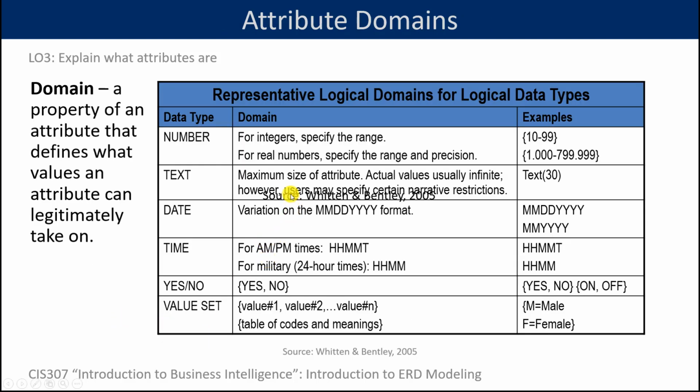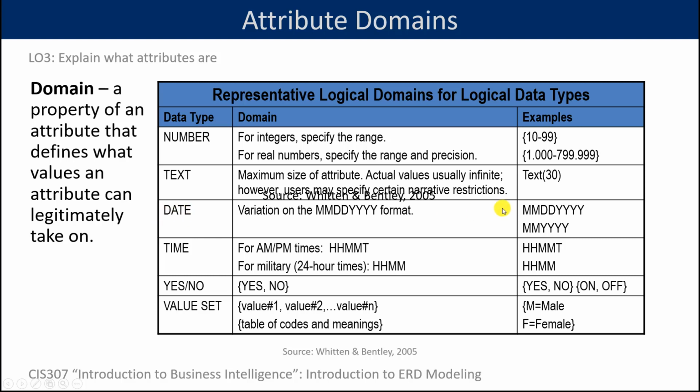Another thing worth mentioning is that an attribute can have a domain, which means a range of legal values that are allowed to be entered. For example, an attribute storing somebody's age may have a domain between 10 and 99. In other words, we expect the users will be between 10 and 99 years old. Another example of a domain would be a possible format.